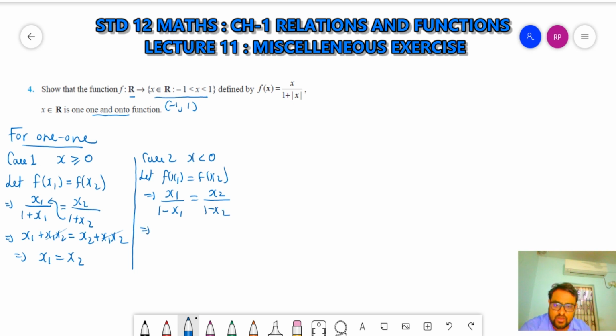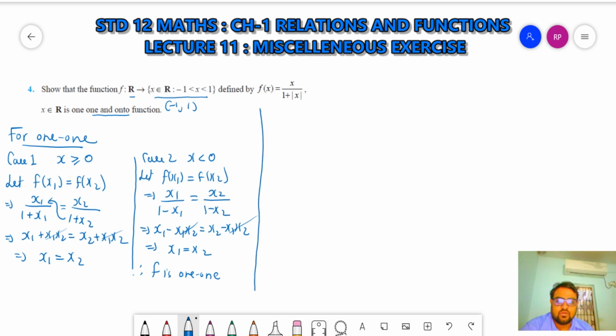Cross multiply: x1 minus x1 x2 equal to x2 minus x1 x2. Here also it gets cancelled. That implies x1 equal to x2. So for both the cases, I can write down f is one-one. Clear? Now let's see for onto.